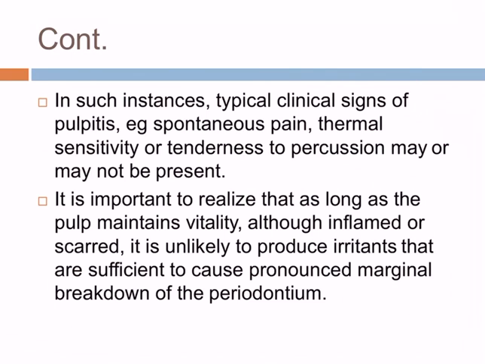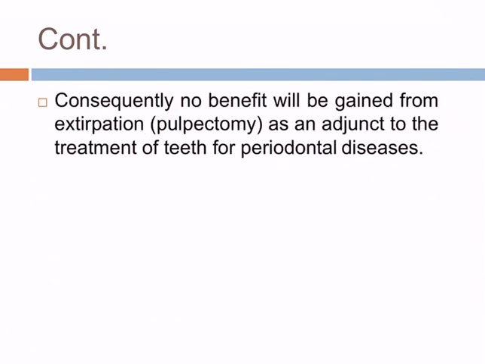If your pulp is vital, then it is not going to have a pronounced effect on your periodontium. So you should not consider it an endodontic problem, and it is not going to lead to a periodontal problem. Consequently, no benefit will be gained from pulpectomy as an adjunct to treatment of teeth for periodontal disease.